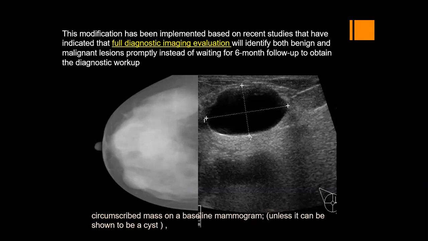This modification has been implemented based on recent studies that have indicated full diagnostic imaging evaluation will identify both benign and malignant lesions promptly instead of waiting for 6 months follow-up to obtain diagnostic workup. So if you have seen any probably benign lesion, don't just recommend follow-up.